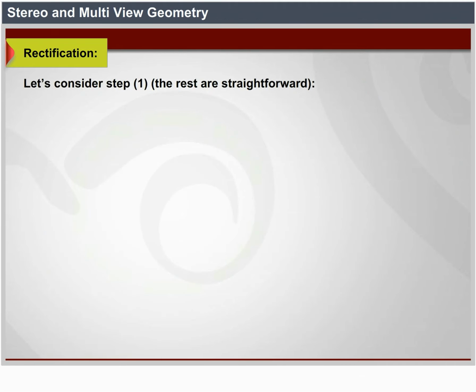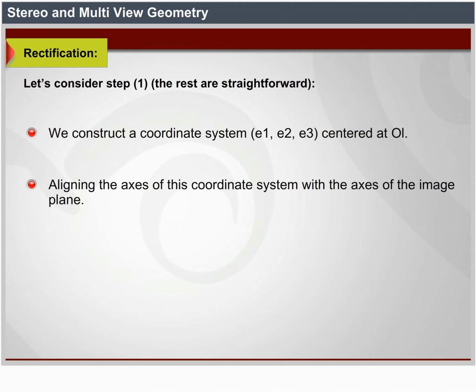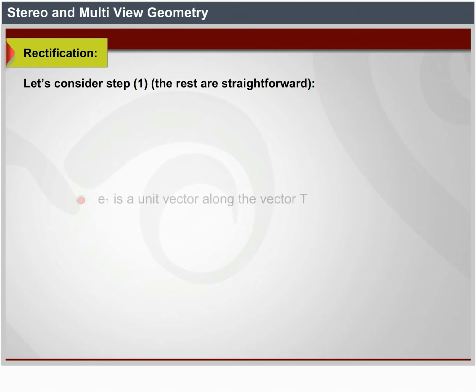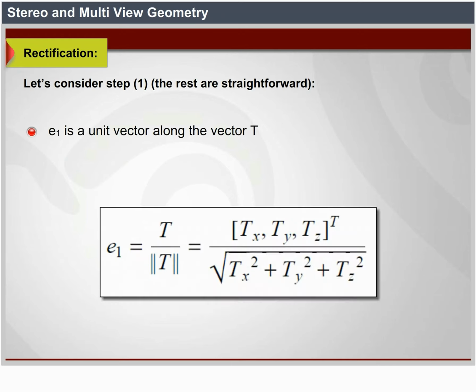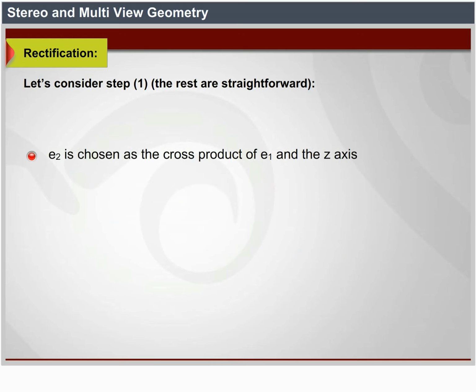We will construct a coordinate system e1, e2, e3 centered at OL. Aligning the axes of this coordinate system with the axes of the image plane yields the desired rotation matrix. e1 is a unit vector along the vector T, as per the equation on screen. e2 is chosen as a cross product of e1 and the z-axis, as per the equations on screen.